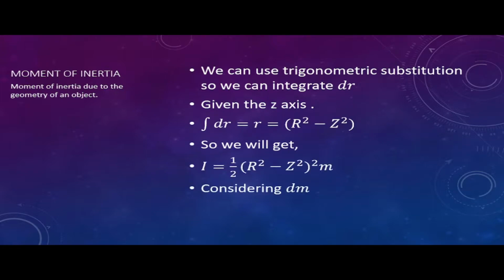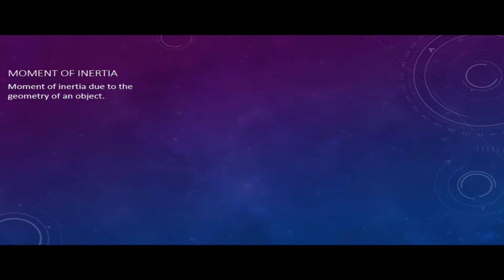Because we substitute for r squared, dm would be changed. So we have a formula for dm, which is rho dV. The formula will look like this, and we put rho, the density, outside, and then we get dV of the thin circular disc.